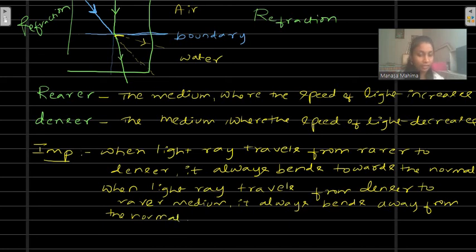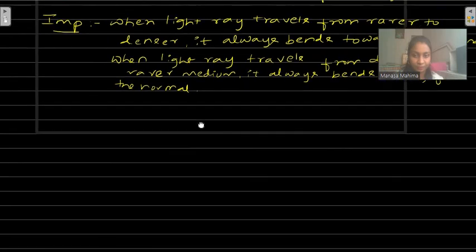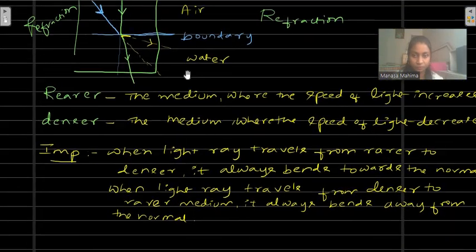Then how can you write it diagrammatically? I will show you. First, we need to take a boundary. Then I need to take the light ray in an oblique direction. Oblique direction means it has to make some angle with the boundary.